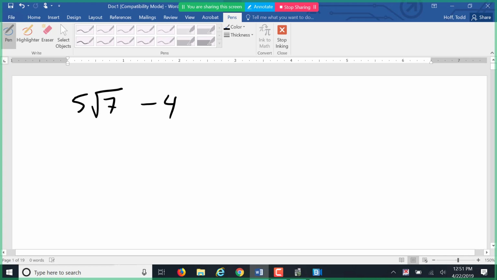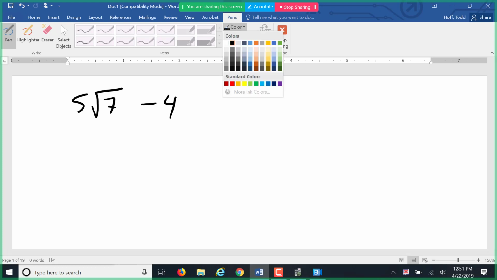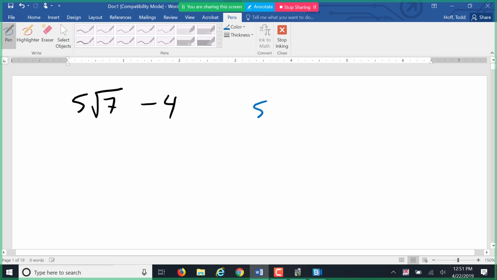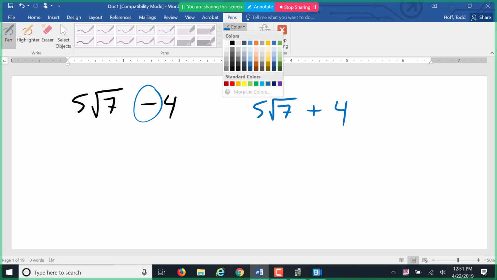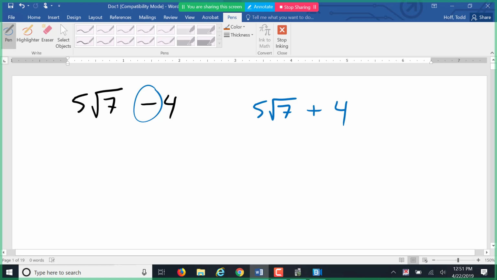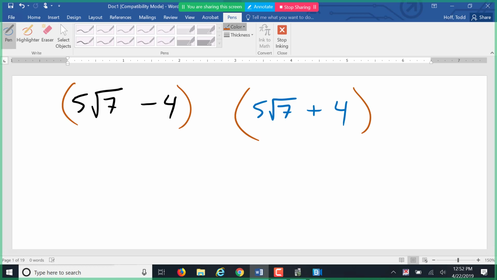The conjugate of that is going to have the same terms. 5 times the square root of 7, and it's going to be 4, but instead of minus, it's going to be plus. When we multiply those conjugates, we're always going to get a whole number. Doesn't matter whether the radical's in the first term or the second term.